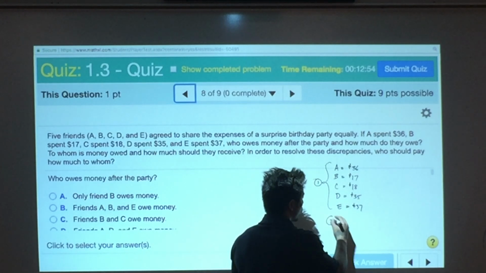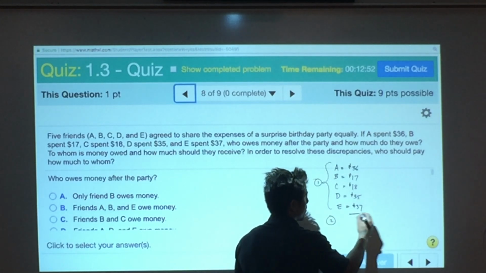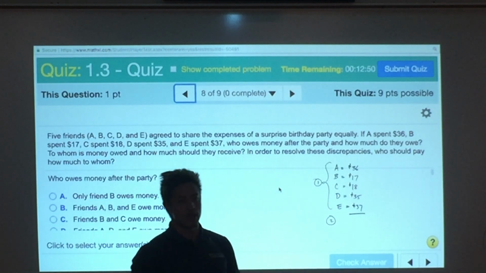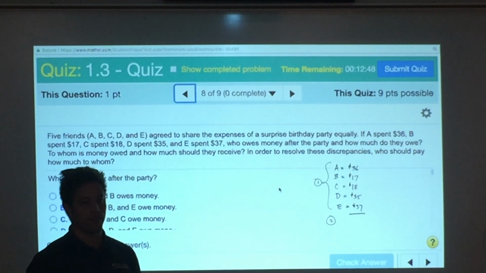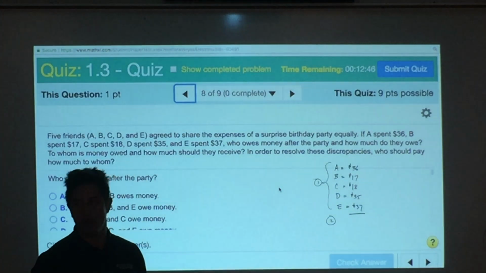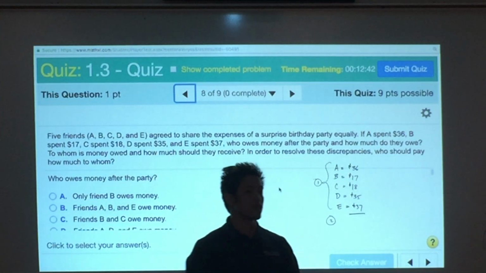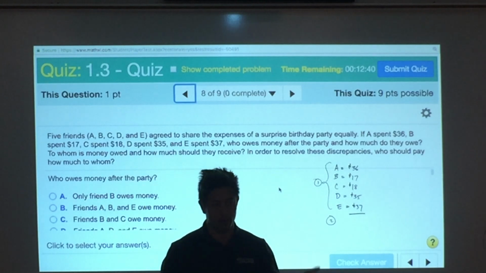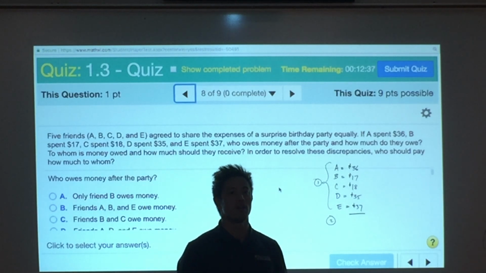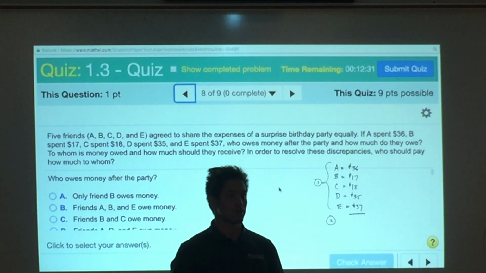But step two, the real big kind of important piece that you have to understand is that you got to add all that up to figure out how much was the cost of the party. Because once we know the cost of the party, and once we know how many people we're supposed to pay for the party, we can do what? We can divide it and figure out the equal amount that everybody was supposed to pay. Now you're starting to see it, okay?